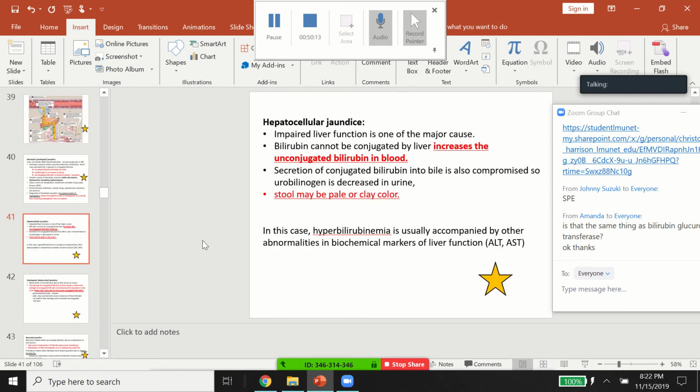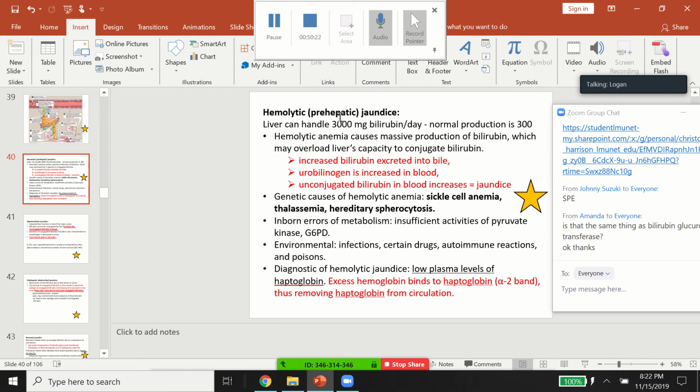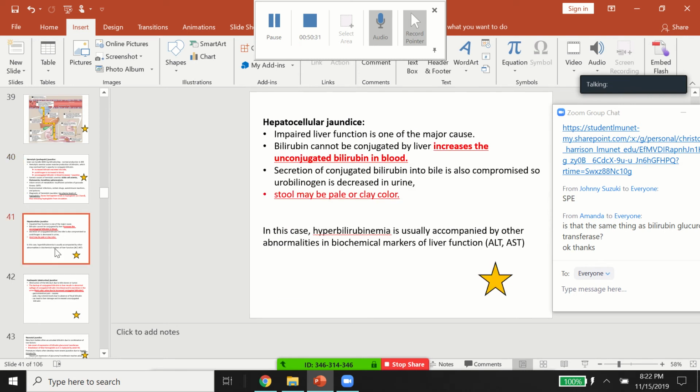But yeah. Then hepatocellular or hepatic jaundice, same thing. The difference between these two is that with hemolytic or prehepatic jaundice, it's more of a blood issue that's causing too much bilirubin to be formed. But in this case, it's not so much that you have too much bilirubin, but that you cannot actually conjugate bilirubin to continue that whole pathway.